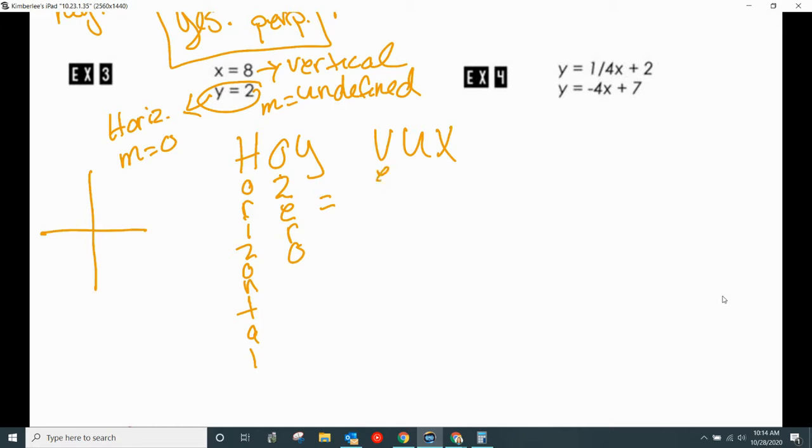If you have a vertical line, that's an undefined slope, and it's an x equals equation. For instance, this one, x equals 8. That was a vertical line, it was undefined, and it was an x equals equation. So the word HOY, VUX might help you remember slopes as well. Horizontal lines have a slope of 0, VUX, vertical lines have an undefined slope. So that might help you too.